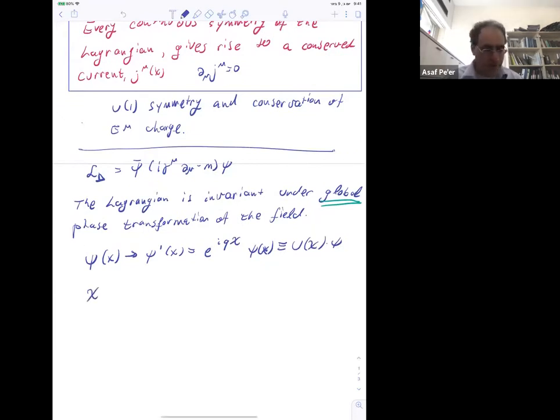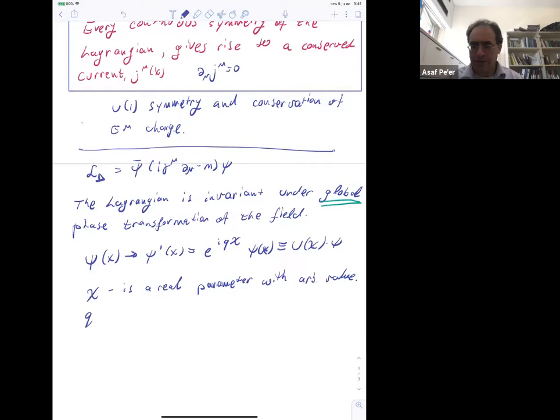So chi is a real parameter which has some arbitrary value. It's of course constant, so it gets the same value at every point in space and time. So chi is a real parameter with arbitrary value. And q is a constant of the model, which is going to be equal to the electromagnetic charge.